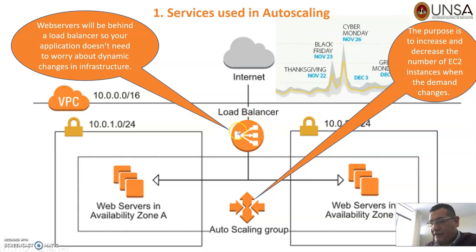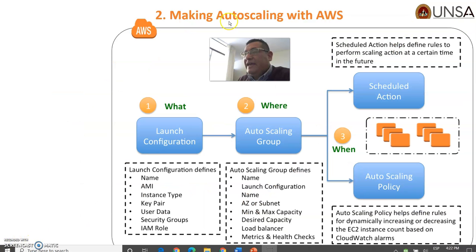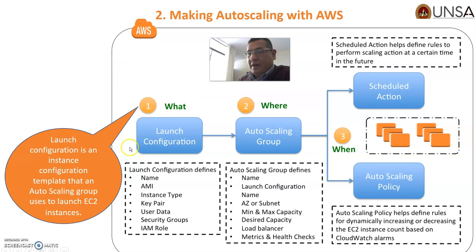Now, another service is the load balancer. Web servers will be behind a load balancer, so your application doesn't need to worry about the dynamic changes in infrastructure. Now, making autoscaling with Amazon Web Services. First, launch configuration.